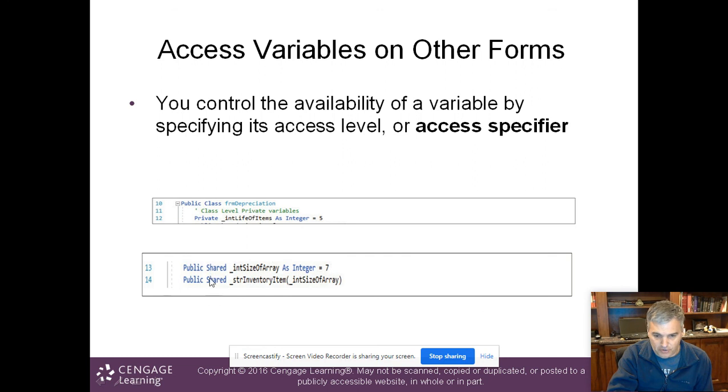Public shared is going to allow that array to be referenced from another form. If you just declare something as private or just declare it, you will not be able to reference it on another form. Only public shared will allow you to do that. So when there's an instance where you do need to reference an array on another form that you declared in another form, make sure you're declaring those as public shared.